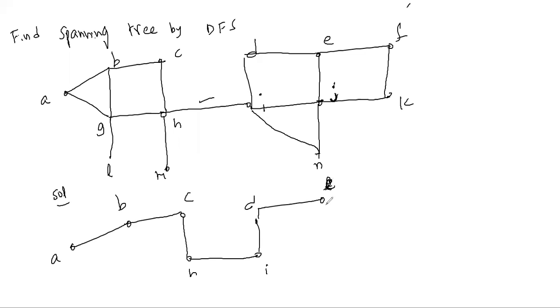E to F. Okay, F to K. Okay, next K to J, J to N. Are all vertices covered? No. So go back. Is there any vertex for J?